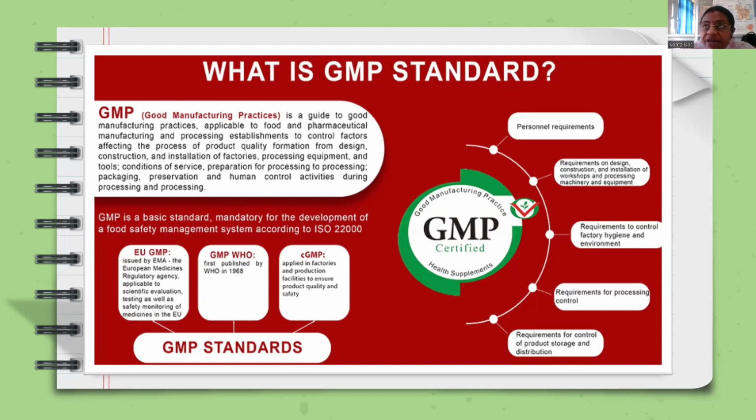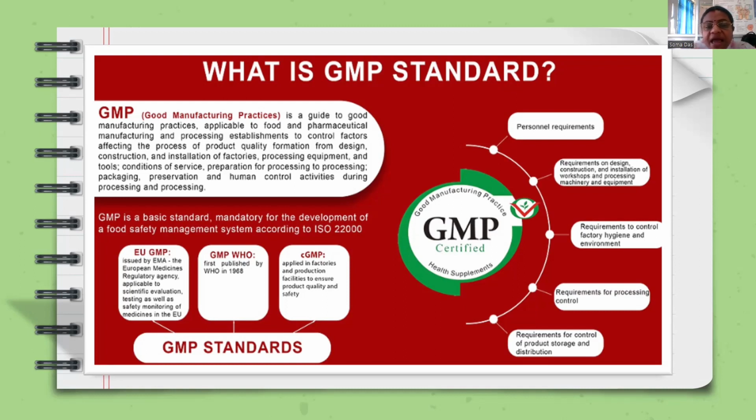So total during processing and activities, whatever we go through when we run one product manufacturing. So not only pharmaceutical, also in food, we have to involve the parameters in the good manufacturing practices. So it is called GMP standard.